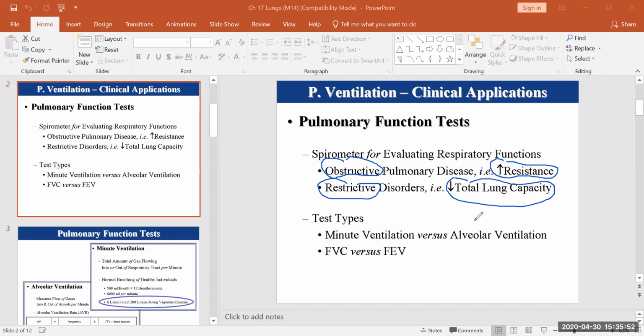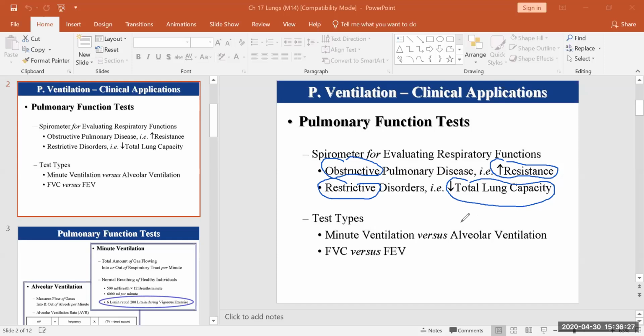Whereas restrictive disorders involve compliance. The lungs or the chest walls are basically less compliant, so they expand and compress less. We're talking about, for example, pulmonary fibrosis that would lead to restrictive disorders, decreasing total lung capacity.